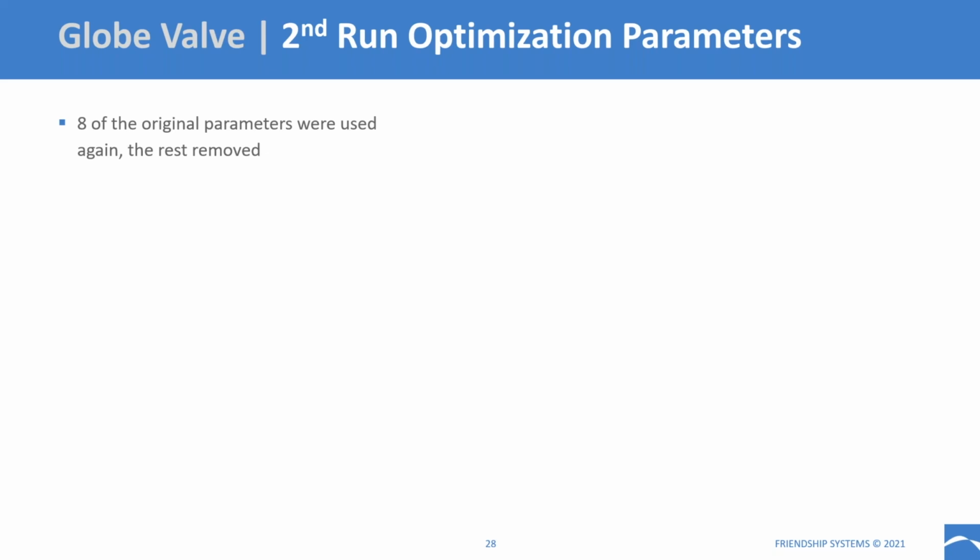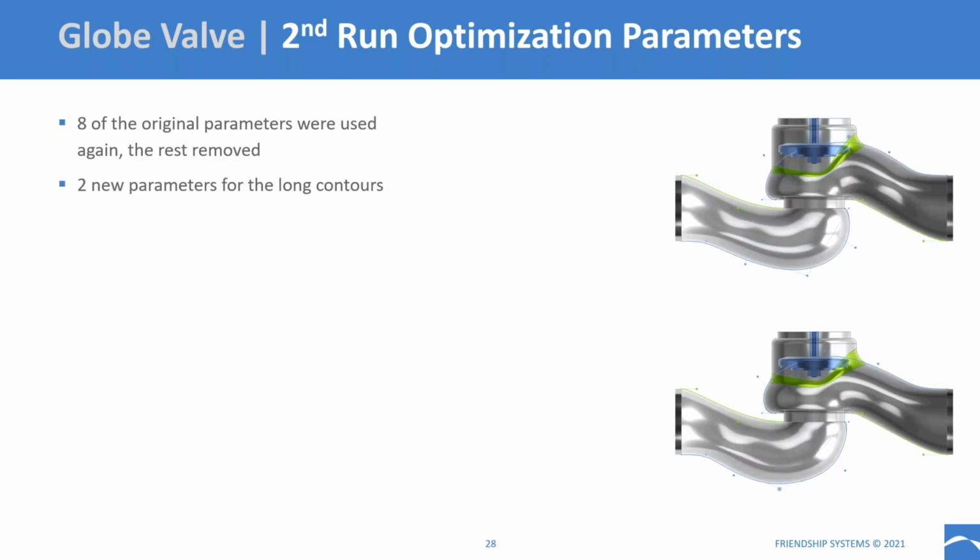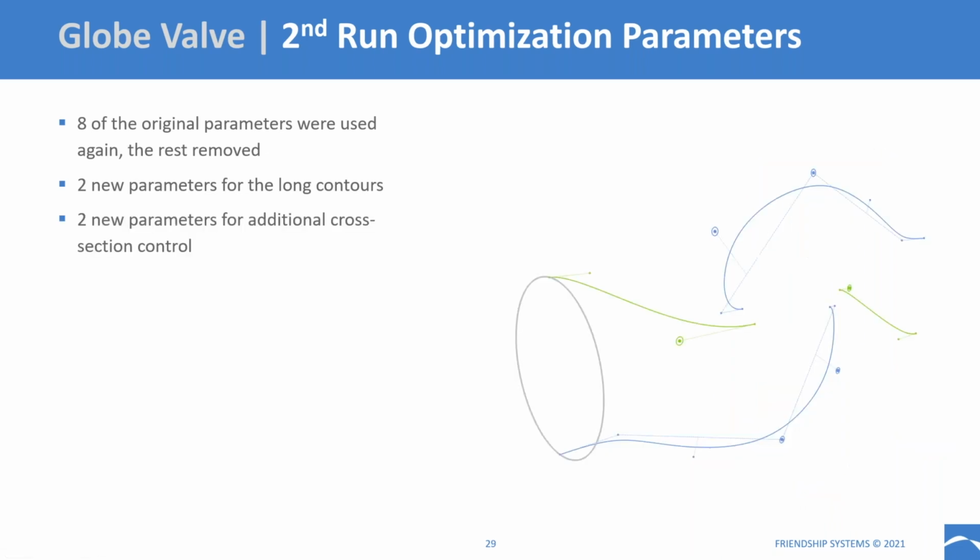Then we added some new parameters, 2 new parameters for the long contours on the outlet and on the inlet. You can see here in the animations. And we added 2 parameters for an additional control of the cross sections.